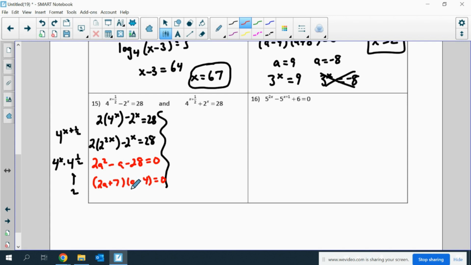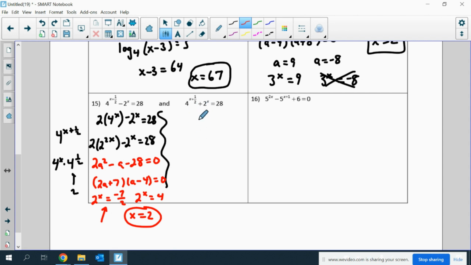So 2a plus 7 and a minus 4 should make this work. So a equals 4, which means 2 to the x equals 4. And a equals negative 7 halves, which means 2 to the x equals negative 7 halves. So x equals 2, and this one doesn't work.